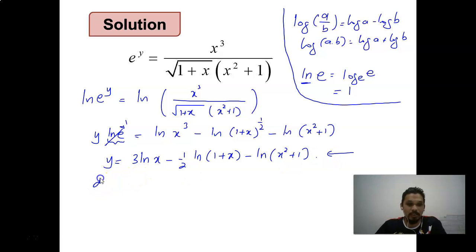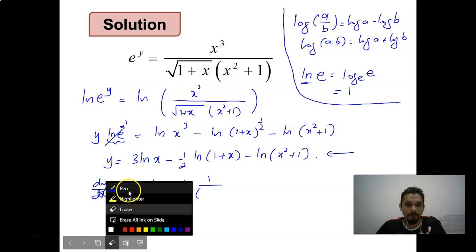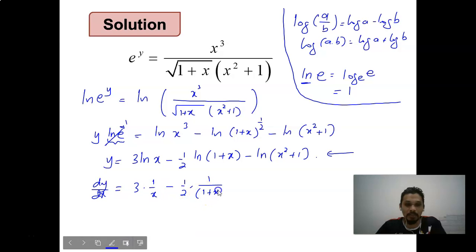So dy/dx equals 3 times the derivative of ln x, which gives 1 over x. Then 1 over 2, differentiate natural log, 1 over 1 plus x, and don't forget to differentiate the function inside, 1 plus x, which gives you 1.